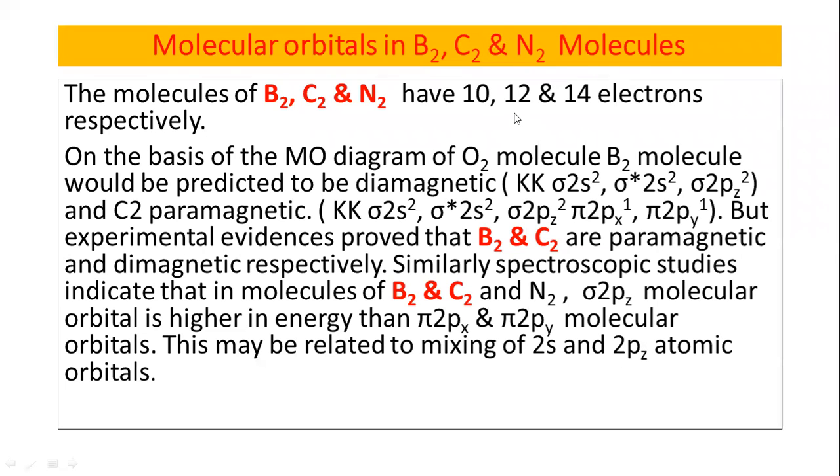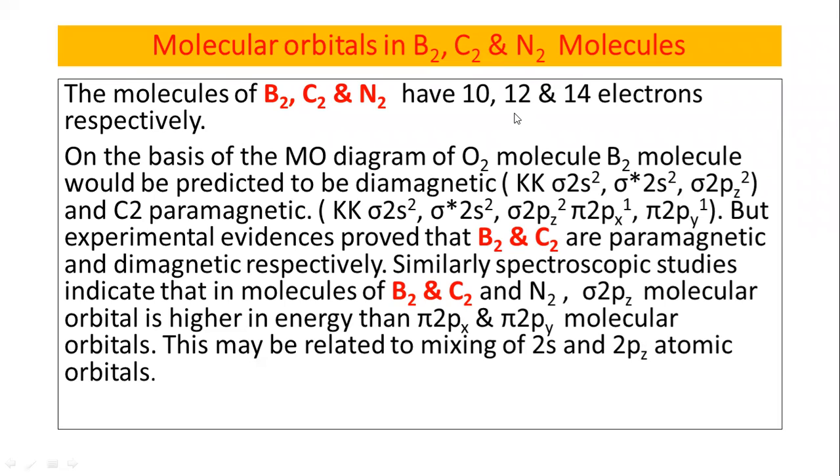In this video, I would like to discuss the molecular orbitals in boron, carbon and nitrogen molecules. In the previous video, we discussed the molecular orbitals in oxygen, fluorine and neon molecules.